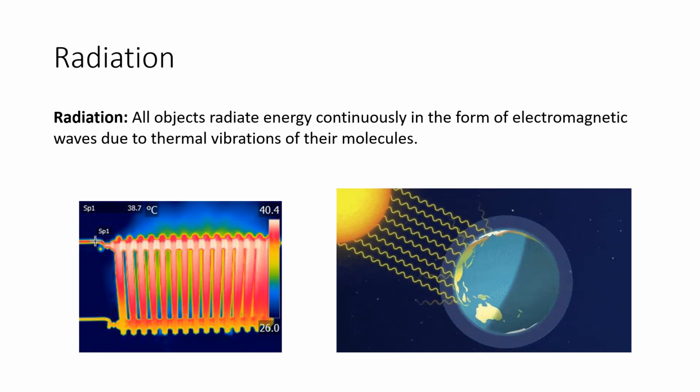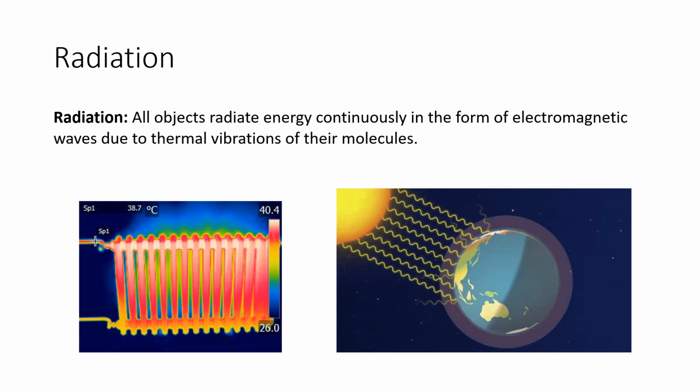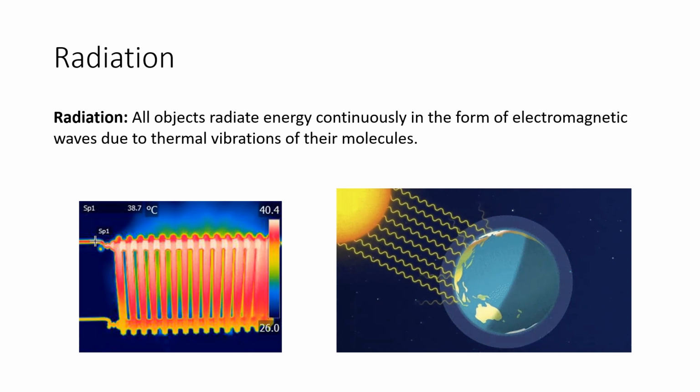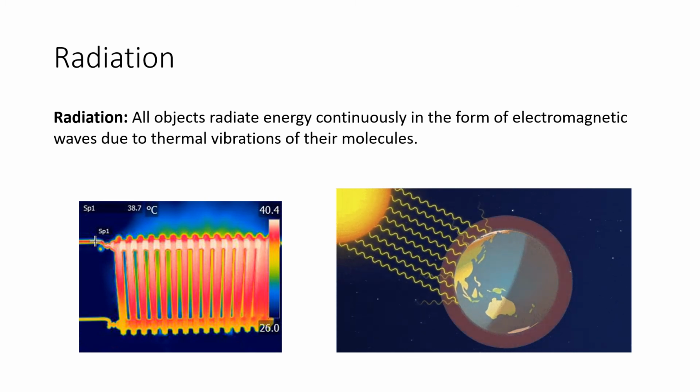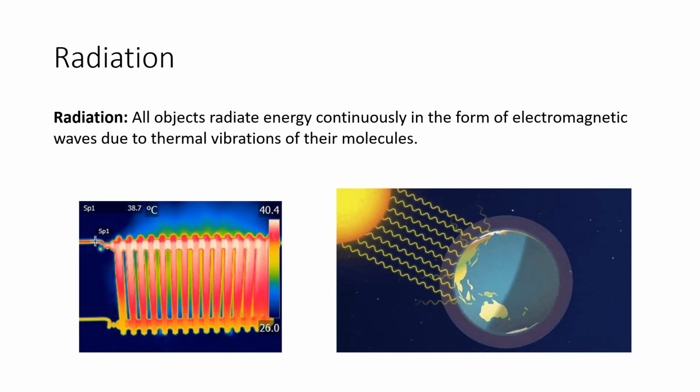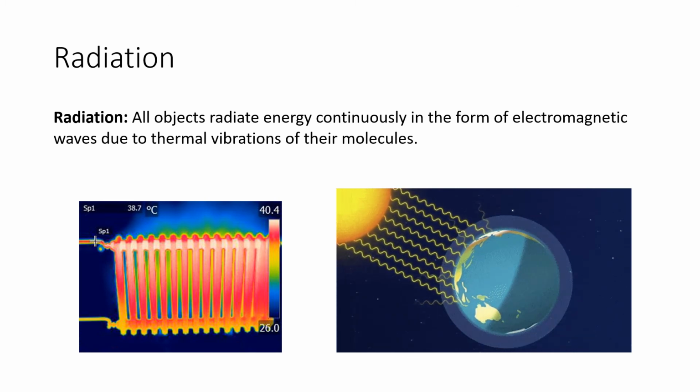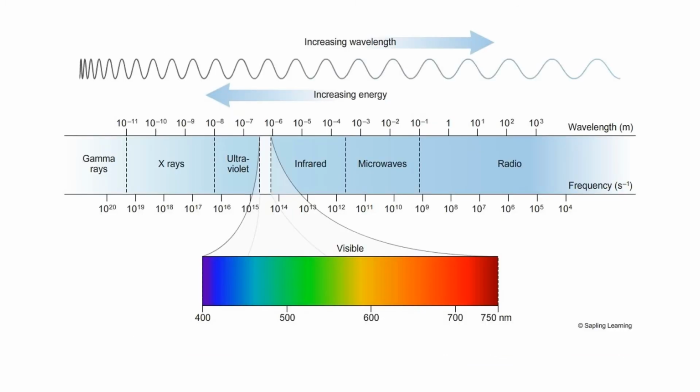I should also say that this is just something that everything on Earth produces. So you shouldn't be afraid of this. This is just heat. This is just the object's temperature. This right here is looking at infrared light. So let me show you the spectrum right here.